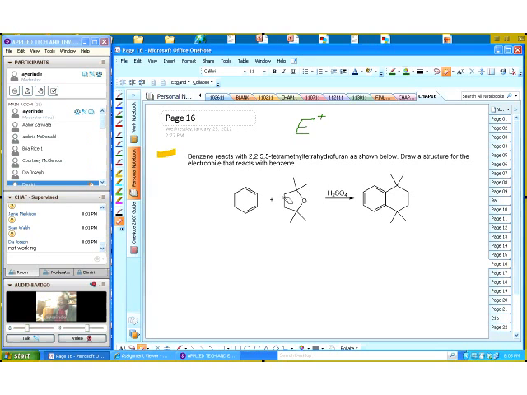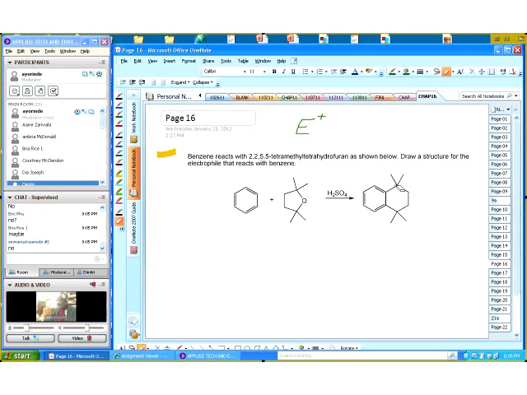So where would that carbocation be? Will it be here? Will it be here? Will it be here? Will it be here? It has to be somewhere now.